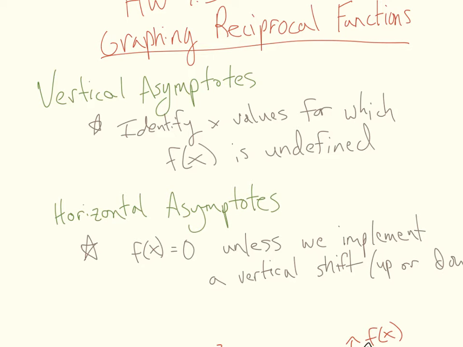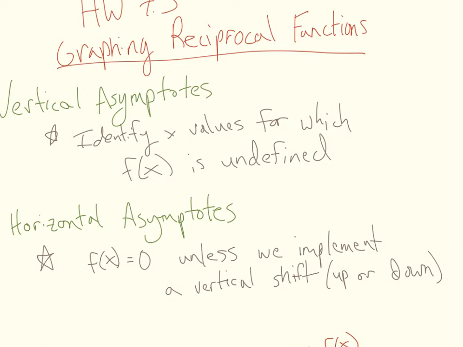Okay, so pretty much what we need to do in order to figure out where vertical asymptotes are is we need to identify x values for which f of x is undefined. And what we mean there is we cannot have a zero in the denominator.